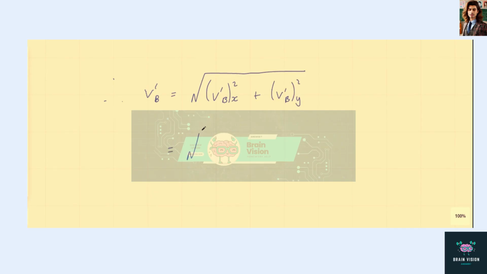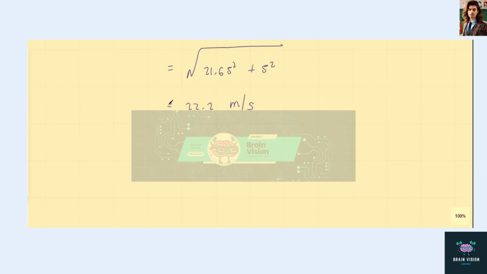And so that's the square root of 21.65 squared plus 5 squared. And so the magnitude of the final velocity of the ball is 22.2 meters per second.